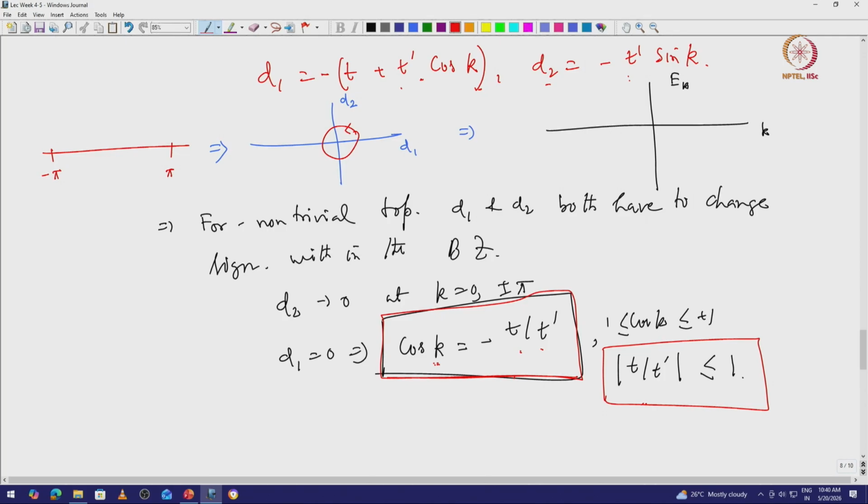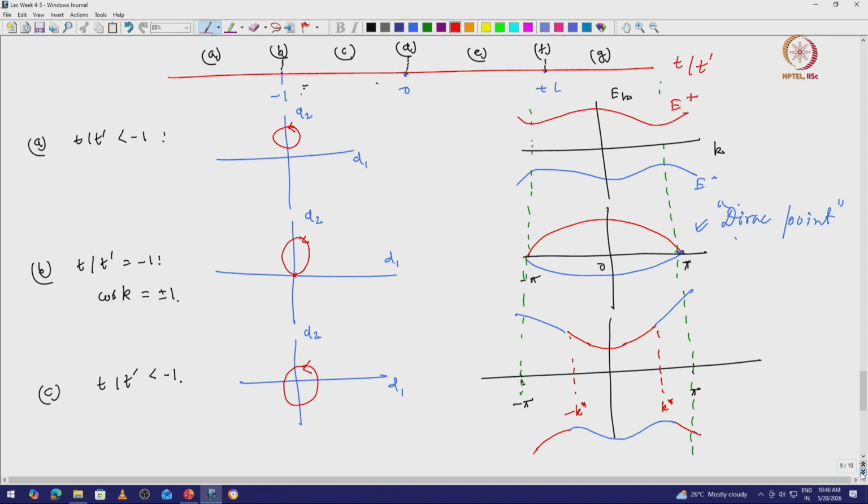If it is greater than 1, you never achieve d1 changing sign within the Brillouin zone. d2 always changes sign, goes to 0 at k equal to 0 and plus minus pi, and d1 would not change sign if this condition is not satisfied, and that is how the topological phases arise.